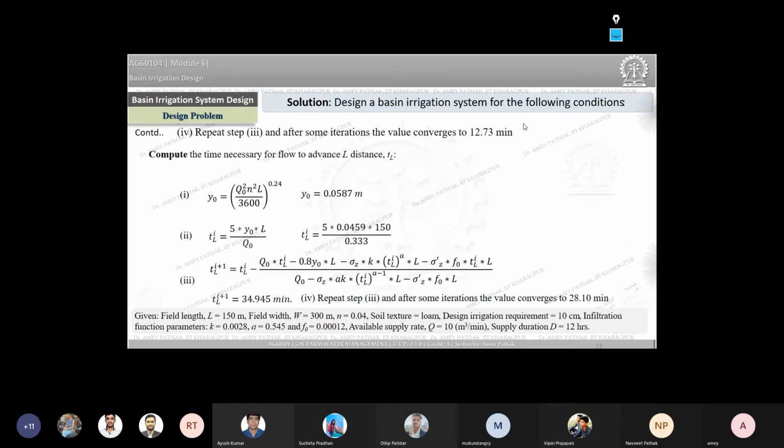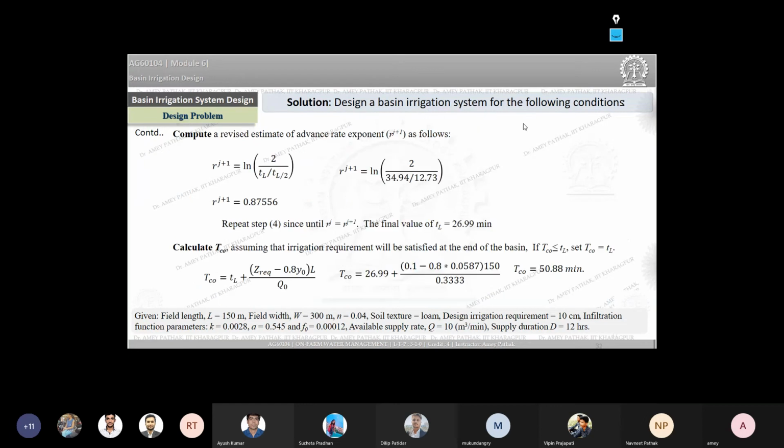So this is the value of TL and TL by 2 and the value of B. Now to calculate time of cutoff: time of cutoff is equal to the TL we have calculated plus the tau requirement. We have seen this expression, right?